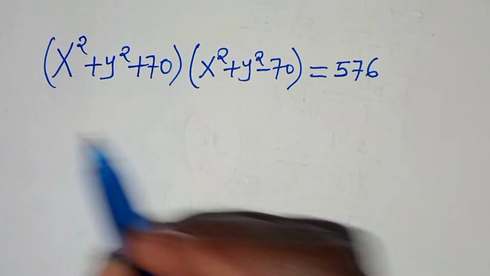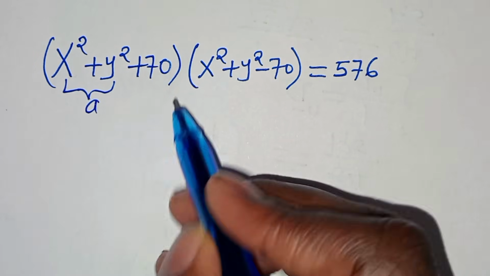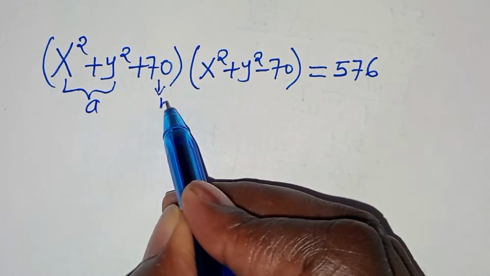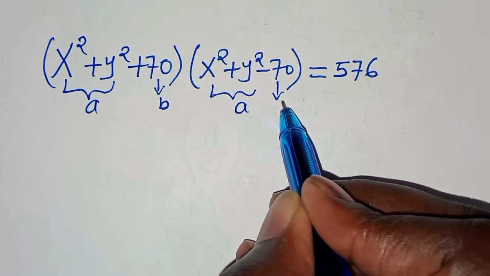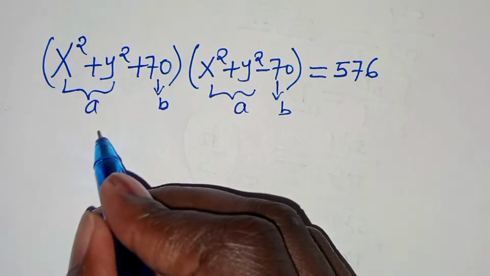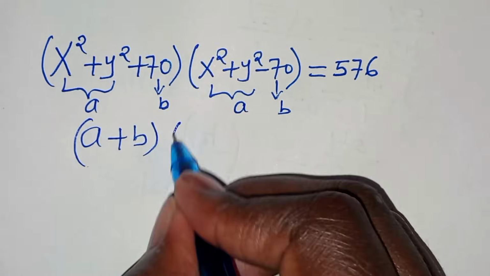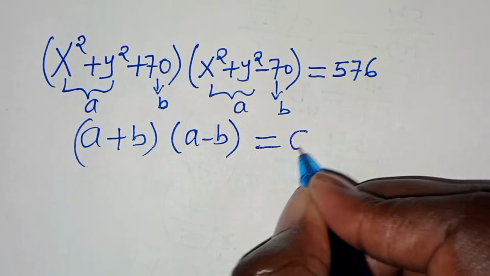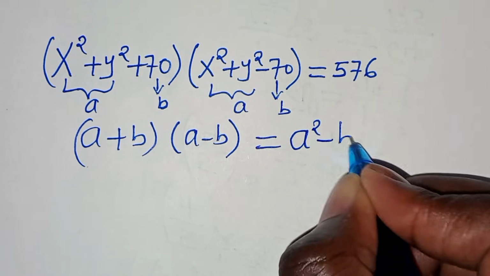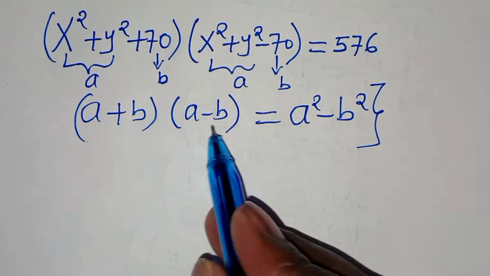Now from what we have here, we can let x squared plus y squared be equal to a, and we can let 70 be equal to b. So this is a and this is b. So this means that this is the same thing as a plus b multiplied by a subtract b, which is equal to a to the power of 2 subtract b to the power of 2. So this is the difference of two perfect squares.